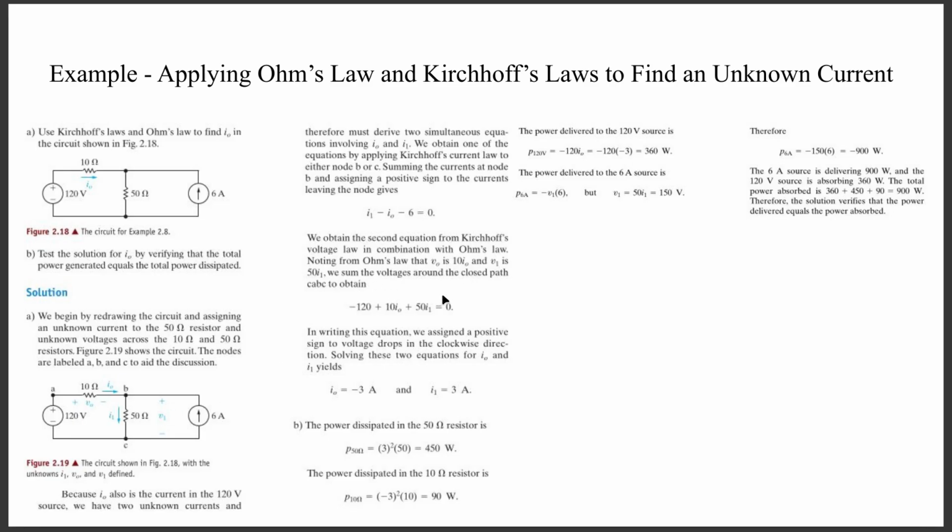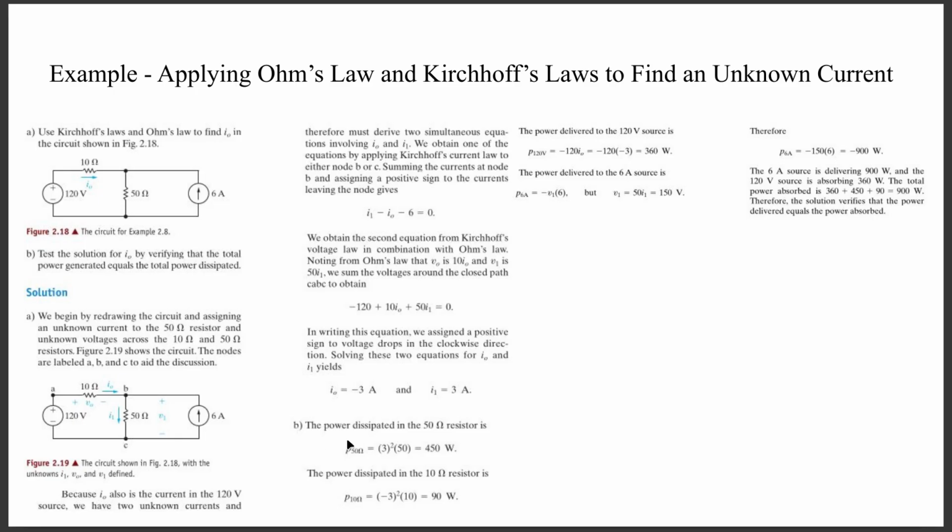We sum the voltages around the closed path to obtain negative 120 plus 10 I naught plus 50 I1 equal to 0. In writing this equation, we assigned a positive sign to voltage drops in the clockwise direction. Solving these two equations for I naught and I1 would be a little more complicated for systems of equations, but it is really just simple algebra, to get I naught equal to negative 3 amps and I1 equal to 3 amps.